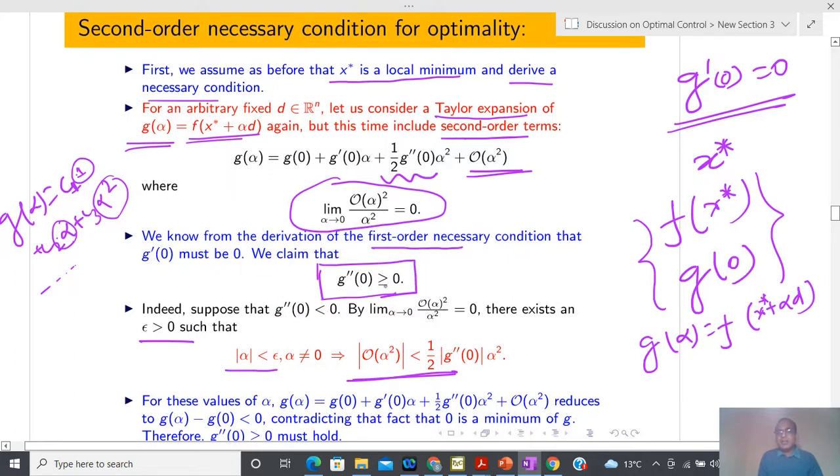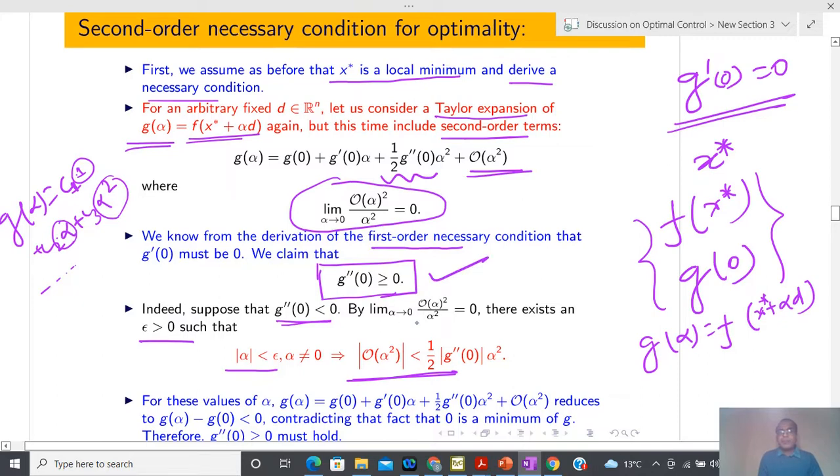Since equality is included here, I have excluded it from the claim. Assuming this, I am going to create a contradiction, that the minimum does not hold if this condition is satisfied, so obviously the claim will be true.